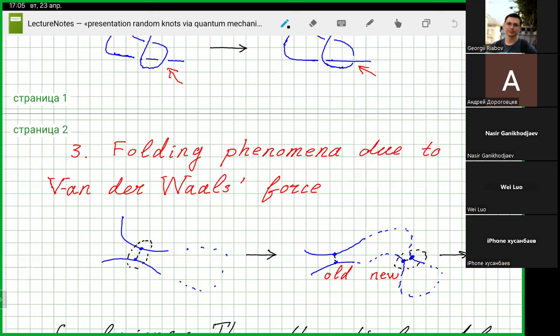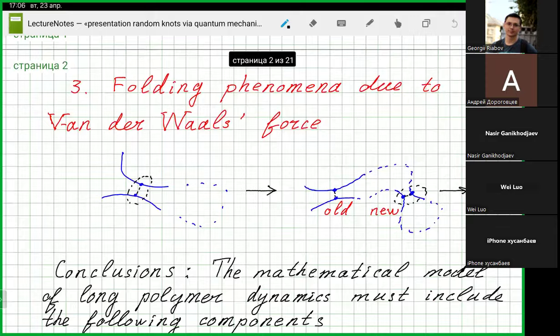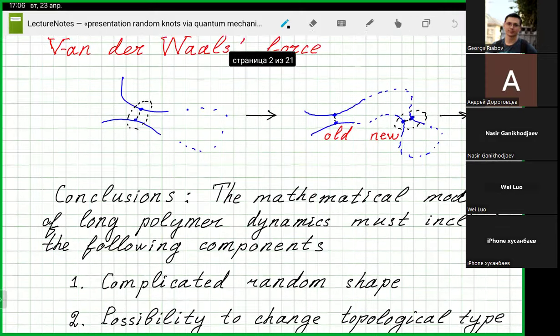This leads to the following situation. We have a very long list of literature from mathematics, from applications, devoted to the structure of polymers, to mathematical models of polymers.